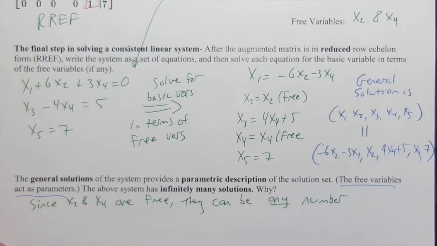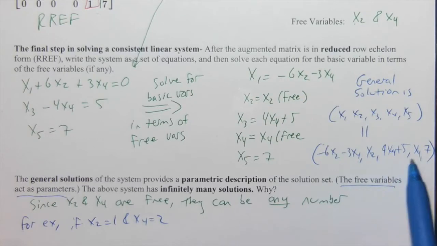So for example, let me get another color here. If we let x2 be 1 and x4 be 2, if we plug those into those variables in that solution, then the solution would be as follows. We get a specific solution, which would be minus 12, 1, 13, 2, and 7.